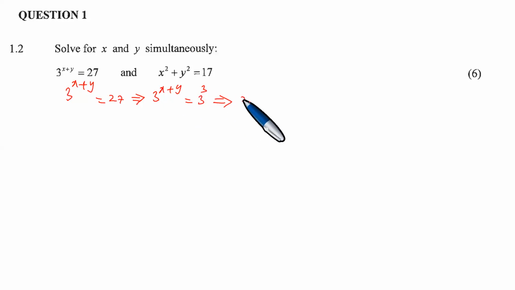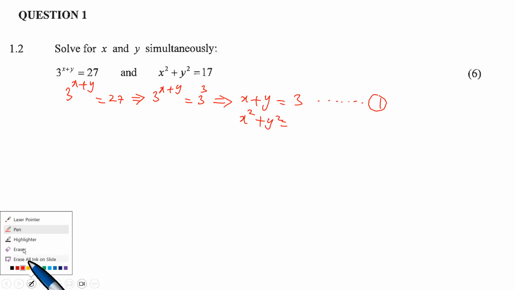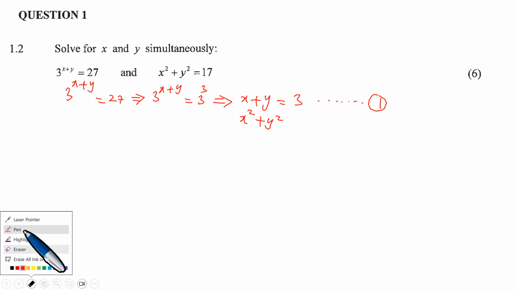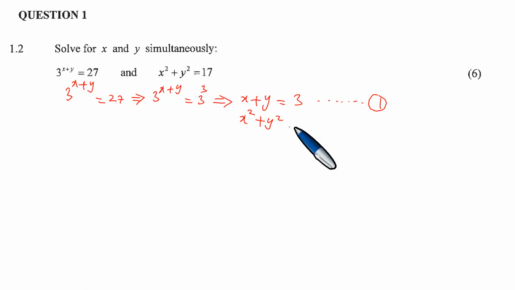So the exponents are x plus y equals 3, and this clearly gives us equation 1. The second equation is x squared plus y squared equals 17.